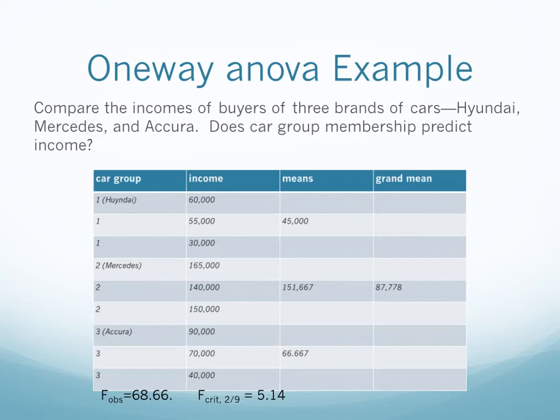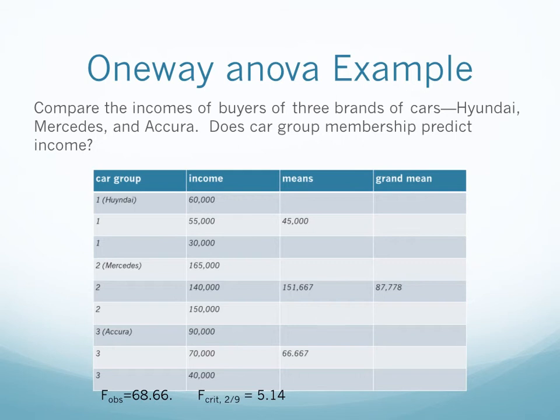So we've got 3 purchasers of Hyundai with incomes of $60,000, $55,000, and $30,000. We've got 3 purchasers of Mercedes with incomes of $165,000, $140,000, and $150,000. And 3 purchasers of Acura with incomes of $90,000, $70,000, and $40,000.